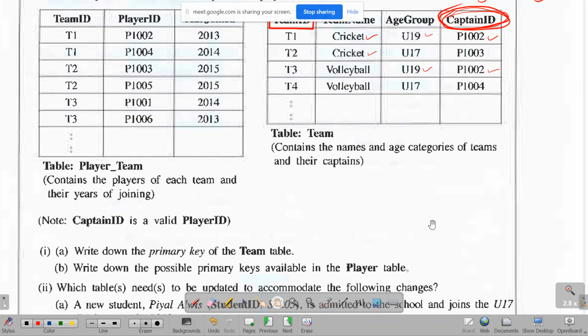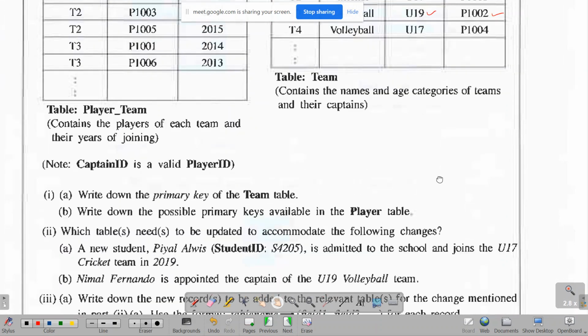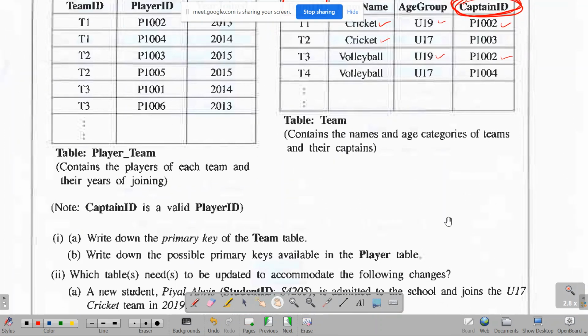And part B is asking: write down the possible primary keys available in the player table. So for the team table, it's team ID. And this question is special. It says possible primary keys, right?